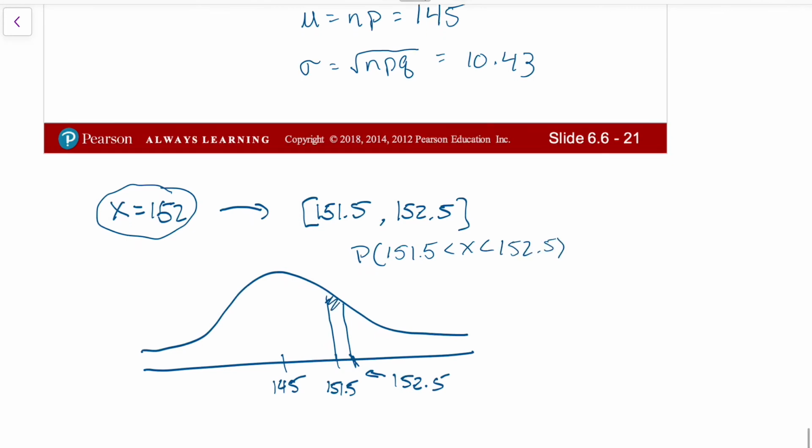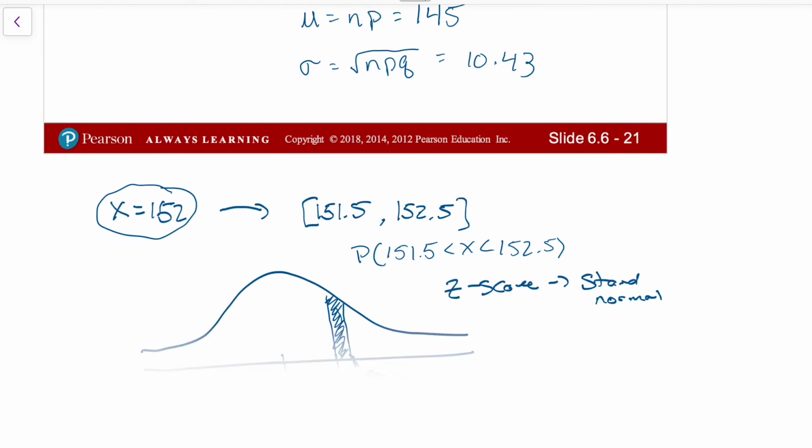That's the probability of falling in between these two values, which we can use the z-score to convert to the standard normal. But we'll need 2 z-score calculations.